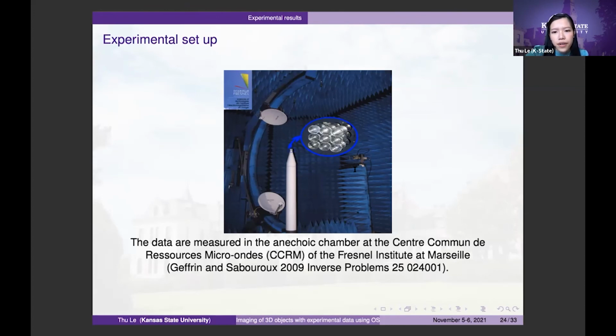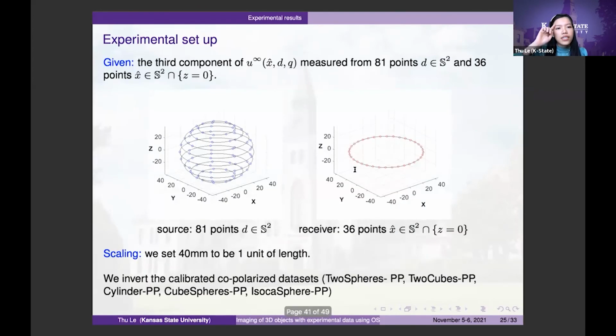And we have another antenna on the right corner, and this antenna is fixed, and it will measure the scattered field. All right, so what we are given is only the third component of the far-field pattern. In theory, we assume this is a vector in R3, but now we only know its third component. For the sources, we have 81 points distributed evenly on the unit sphere, and we have only 36 points of receivers on the disk.